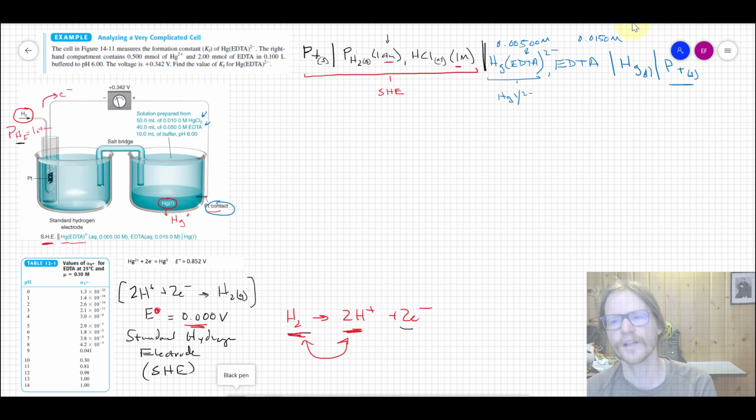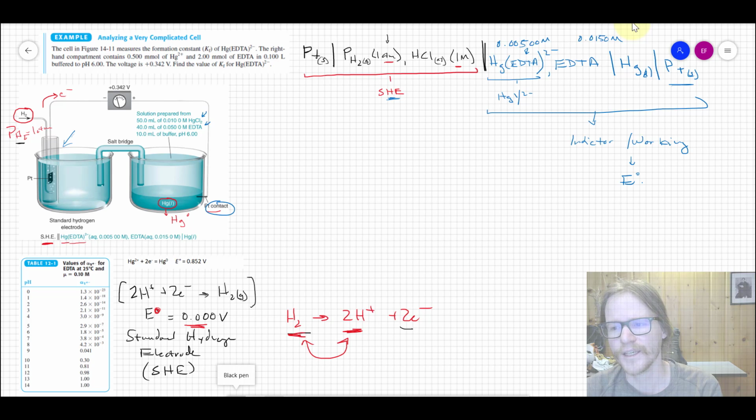So we've got a complicated cell, right? We've got our standard hydrogen electrode over here, which actually is the easy part, because even though it looks weird, everything's well defined, and so we're not going to have to worry about that one much. It's this side that sometimes we'll call the indicator side, or the working side, because this is where the action's taking place, and it's the change on this side that's dictating ultimately the overall E cell.